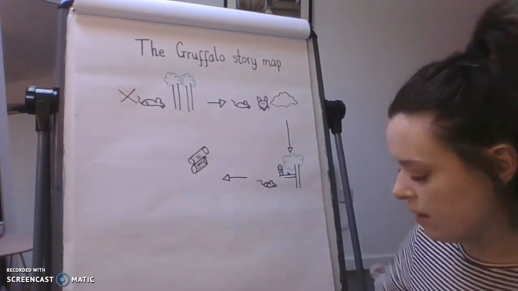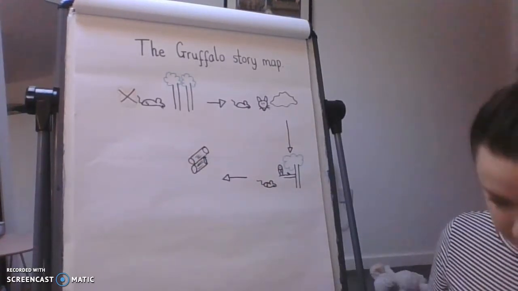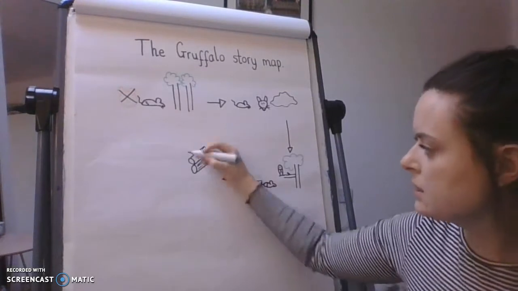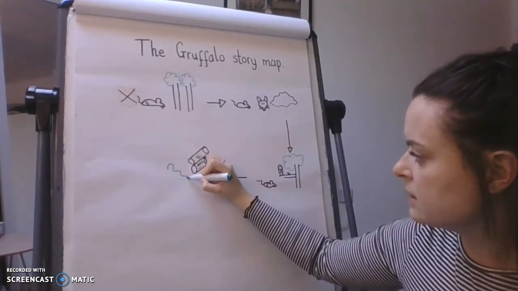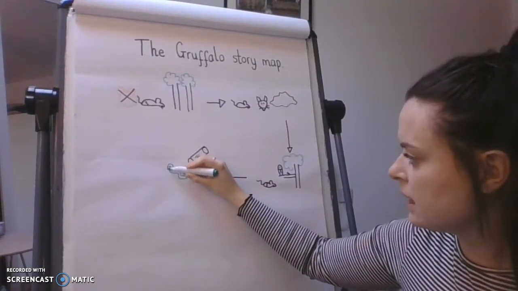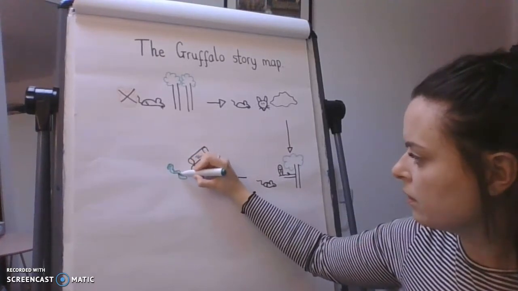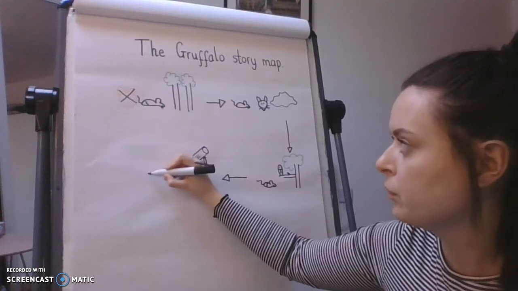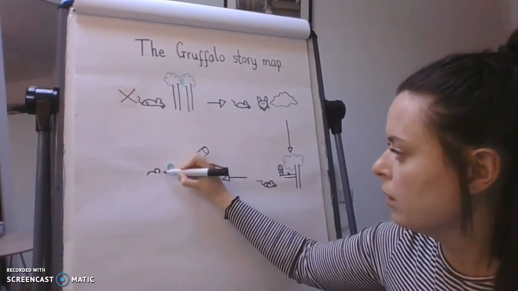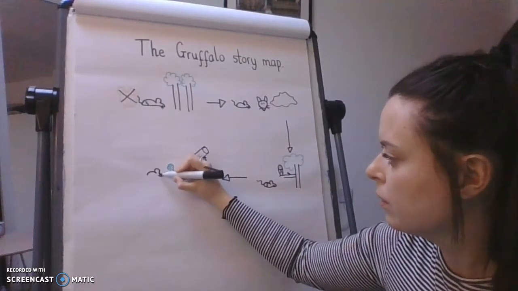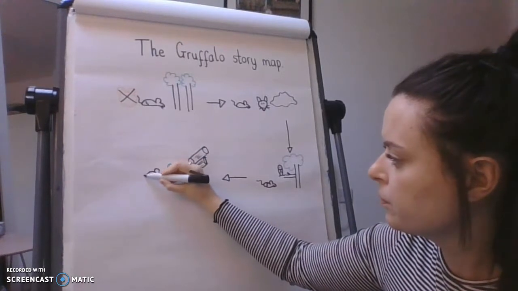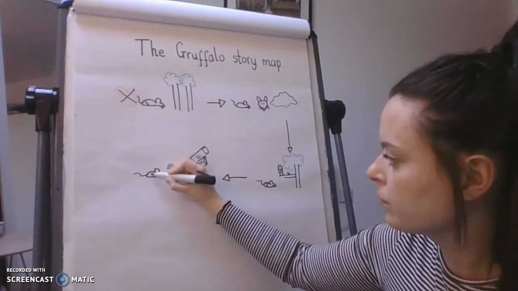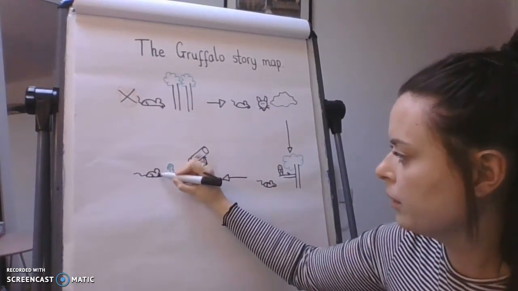Okay, and then we've got our slivery snake. Where's my green pen gone? Here it is. So we've got a slivery snake. Okay, and then need to draw my mouse.